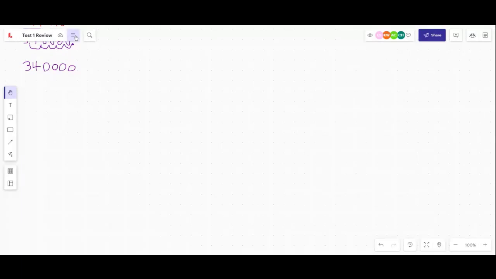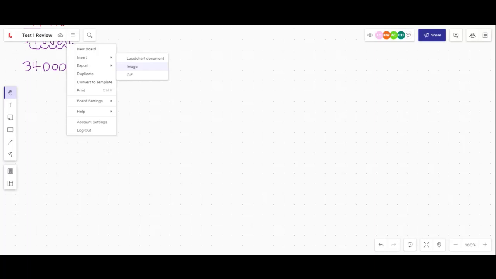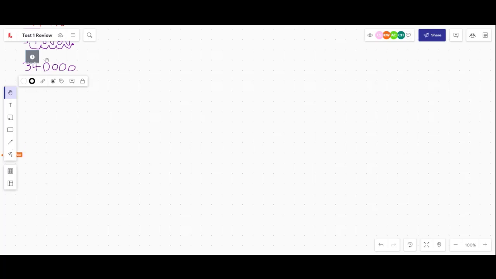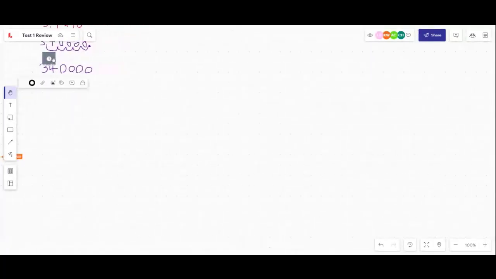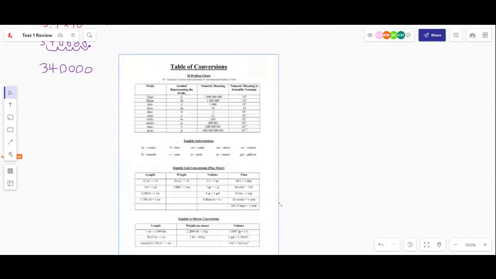I'll add image, desktop, scroll down to table of conversions. Here we go. I'll switch back to select. It's really tiny right now, but I'm going to make it big.